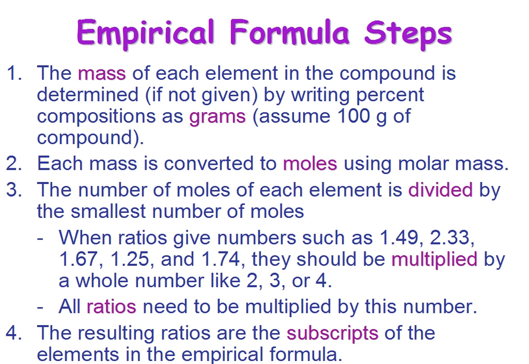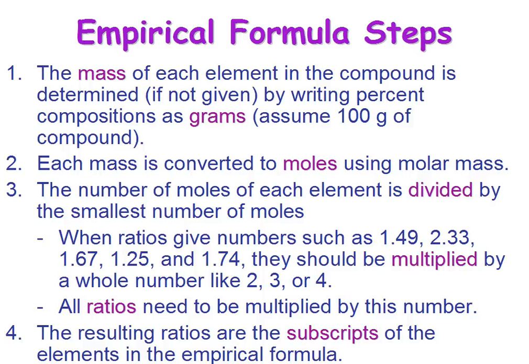So we're going to see how you can calculate an empirical formula given some data, and typically that data is in the form of percent compositions. If you assume that you have 100 grams of your compound, you can write those percent signs strictly as grams. And because we can't compare grams of elements to one another since their atoms are not made of the same numbers of protons, neutrons, and electrons, we can convert those to moles using molar mass.